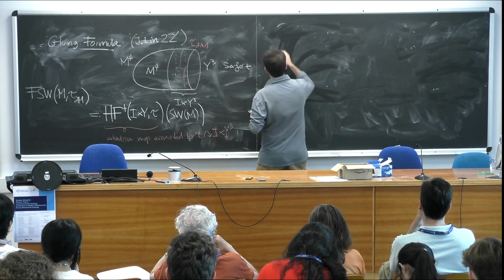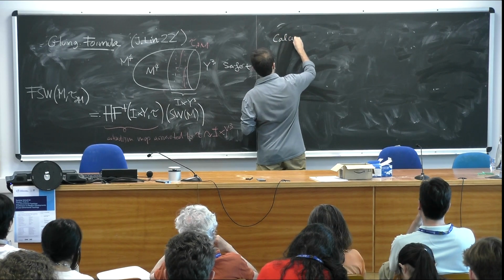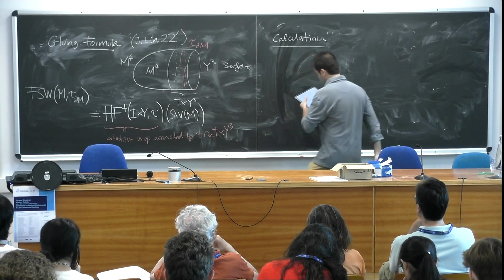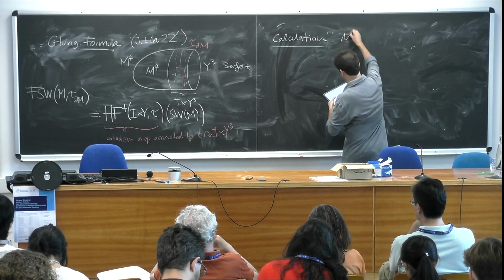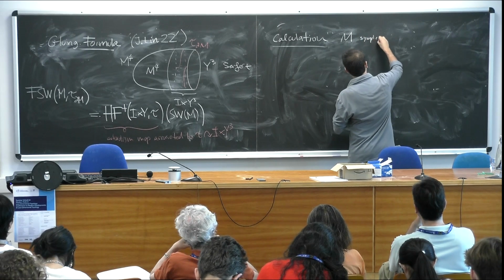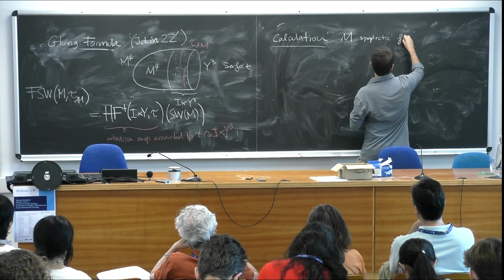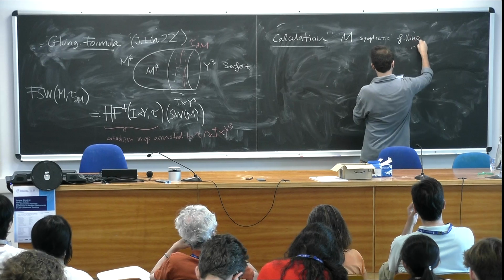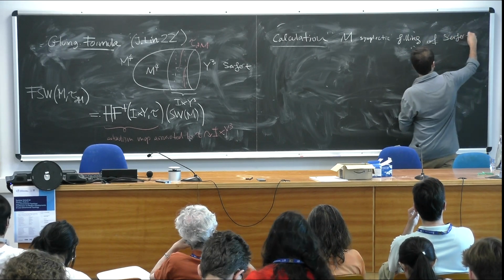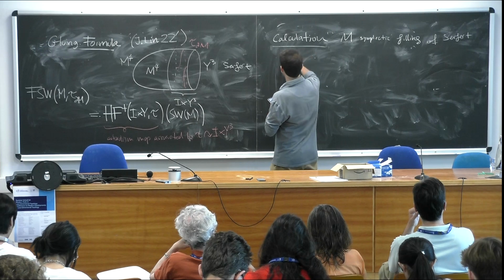M is a compact symplectic filling of a Seifert rational homology sphere.